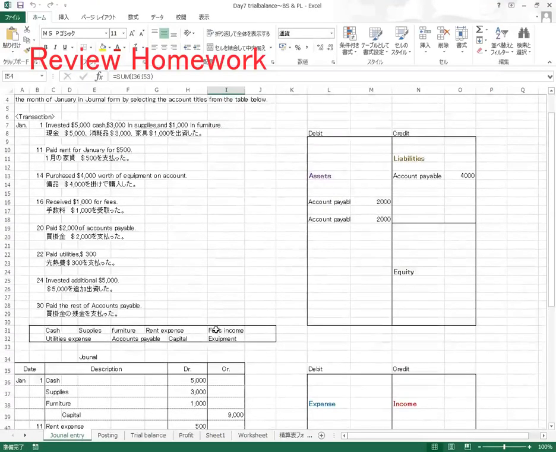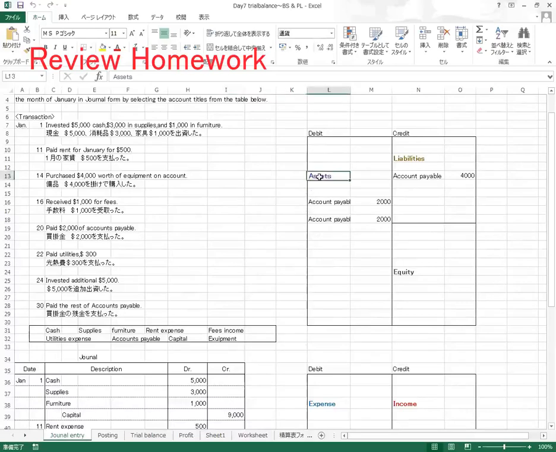So we review journal entry. Home position is very, very important. So when you do a journal entry, the home position is very important.